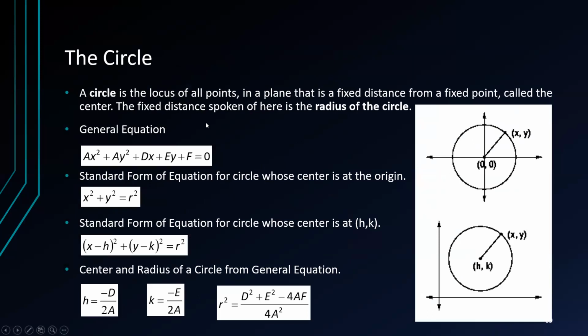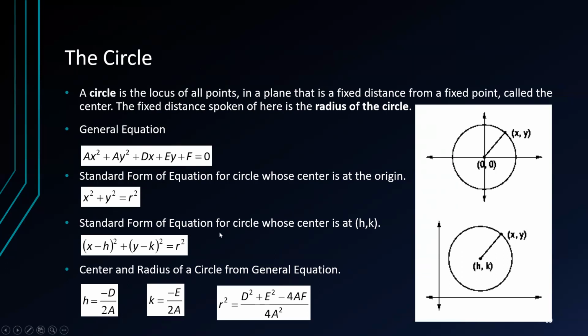A circle is the locus of all points in a plane that are a fixed distance from a fixed point called the center. The fixed distance is the radius of the circle. The general equation is Ax squared plus Ay squared plus Dx plus Ey plus F is equal to 0, substituted into the general equation of conics. Standard form for a circle whose center is at the origin is x squared plus y squared is equal to r squared.